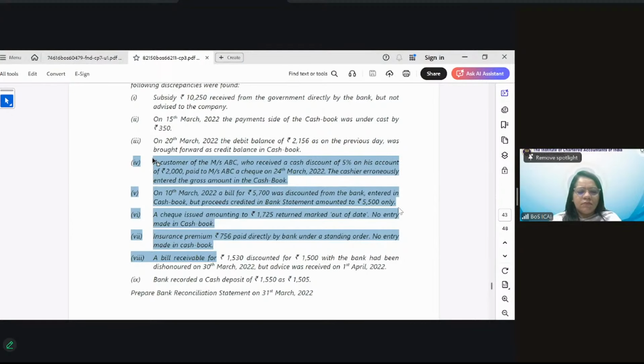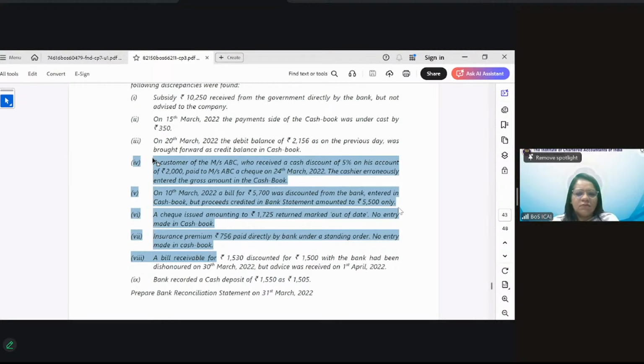The cashier erroneously entered the gross amount in the cash book. This is similar to your illustration number 8, where the cashier erroneously enters the amount.